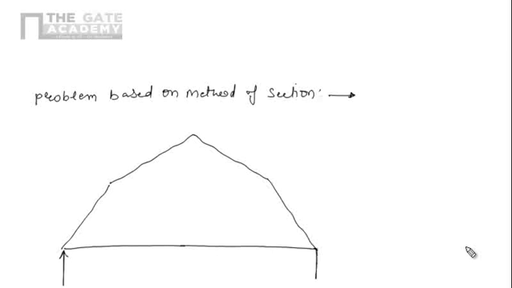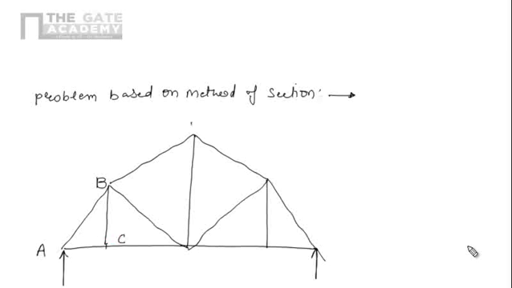I am drawing these simple supports, and now I am drawing the other members. These are the members of a truss, and now I am denoting the points, that is A, B, C, D, E, F, G, H.